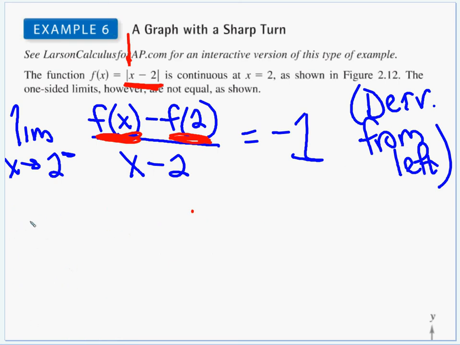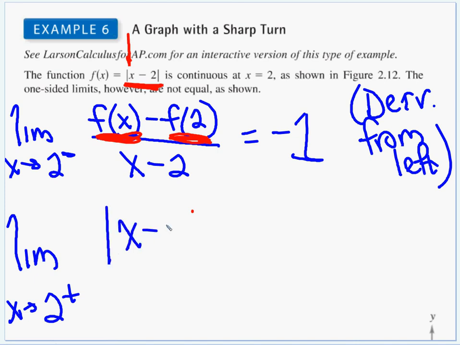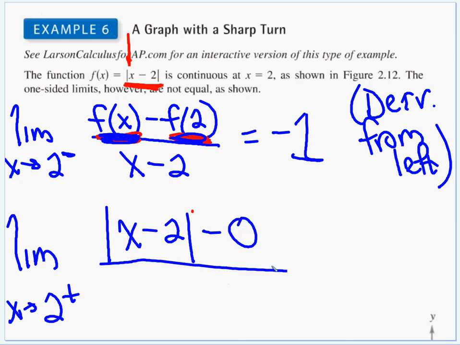If we come in from the other side, as x approaches 2 from the right, it's going to look exactly the same. We have the absolute value of x minus 2, that's our function f of x, minus f of 2, which will be minus 0, just like we saw from the other side. Downstairs is x minus 2. It looks the same, but now we're coming in from the right of 2, numbers a little bit bigger than 2.